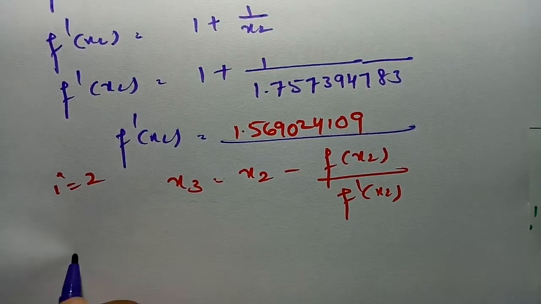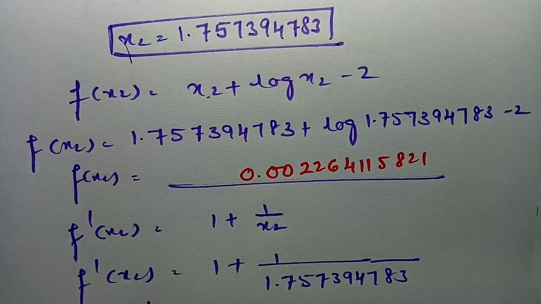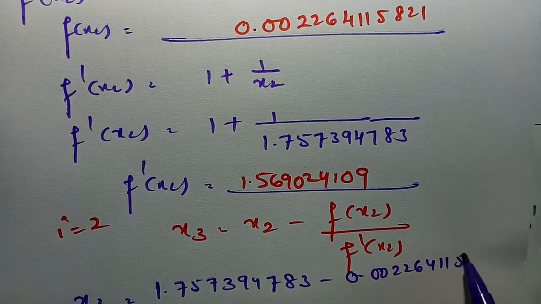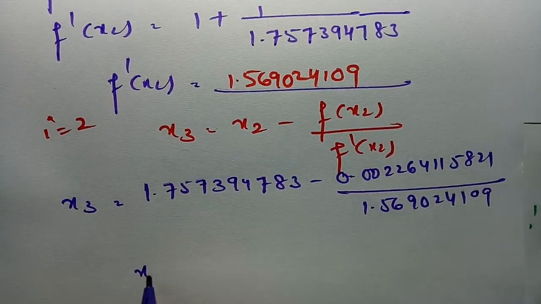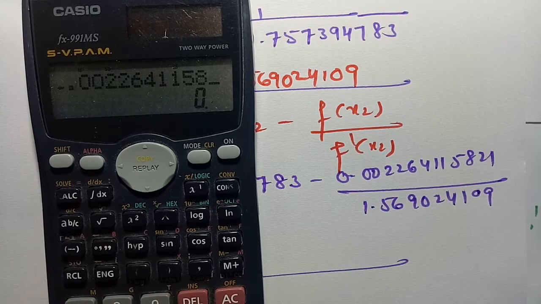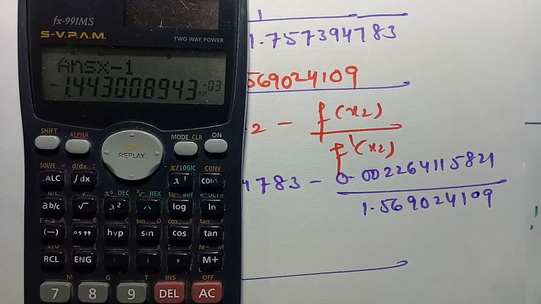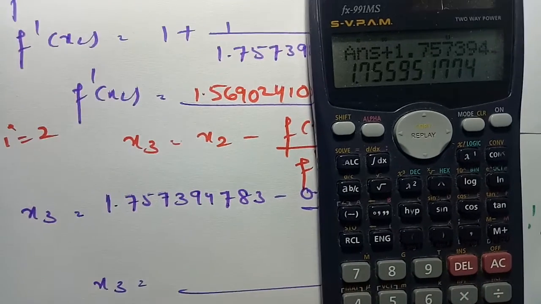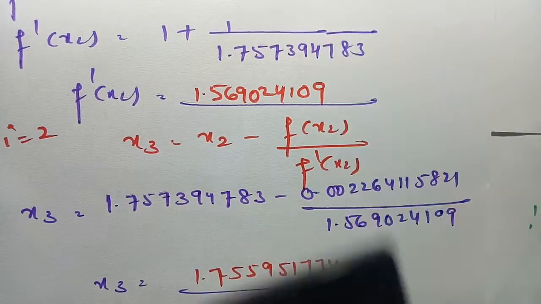So what is the x2 value? 1.757394783 minus f at x2, which is 0.00264115821, divided by 1.569024109. So our x3 value will be 1.755951774.